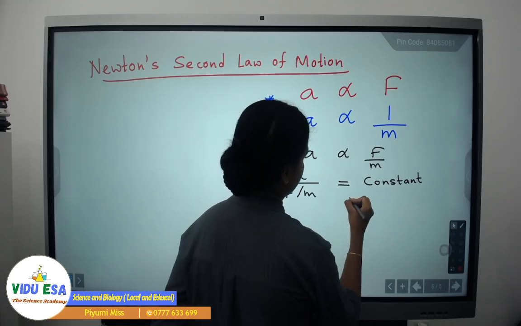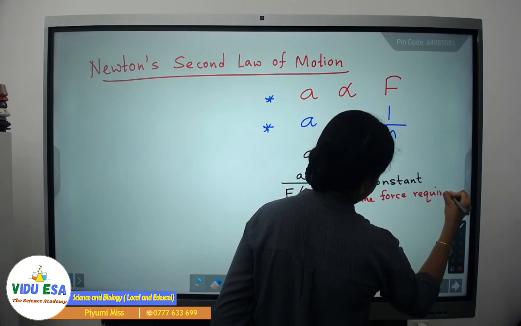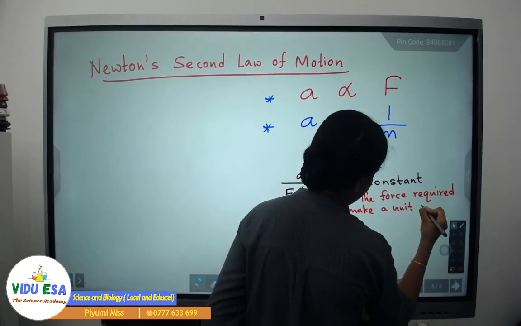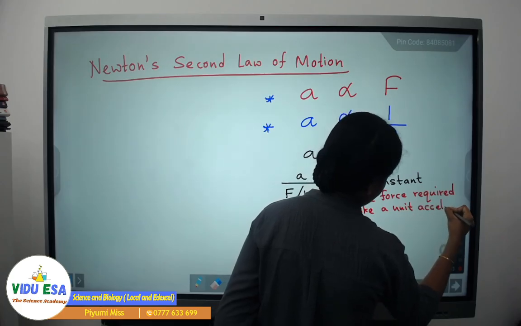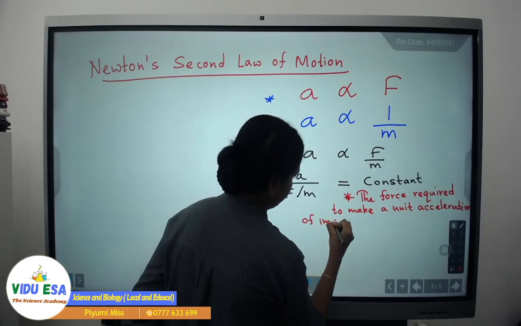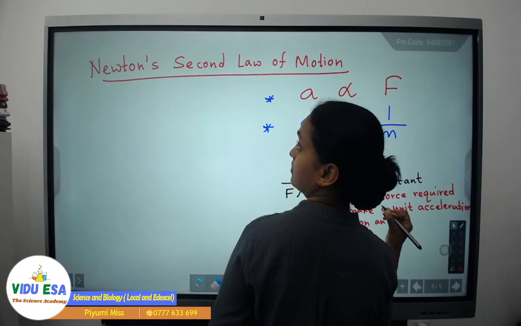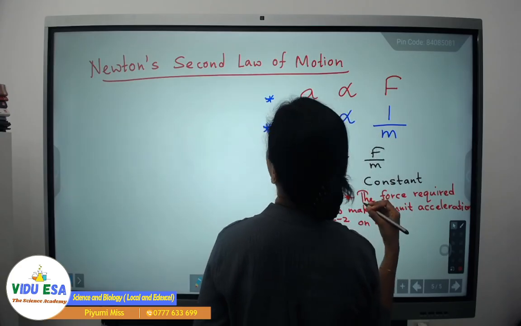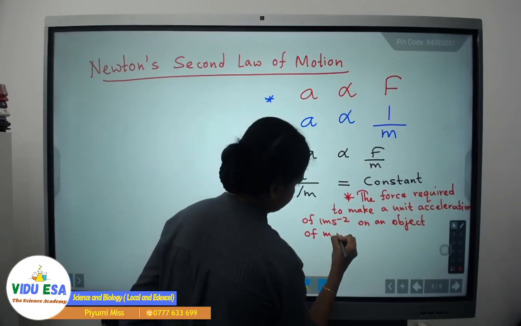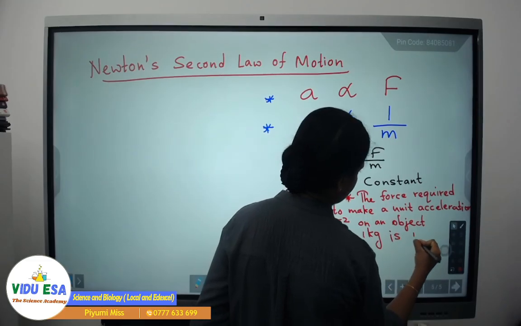I will write that in a different color. The force required to make a unit acceleration of 1 ms^-2 on an object with a unit mass, an object of mass 1 kilogram, is 1 Newton.